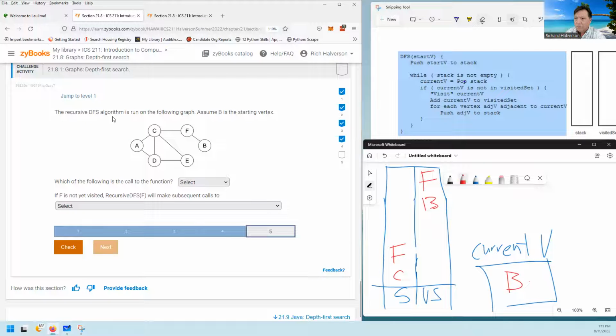Recursive depth first search is run on the following graph. Assume B is the starting vertex. Which of the following is the call to the function? The starting vertex is B, so it's going to be this one.